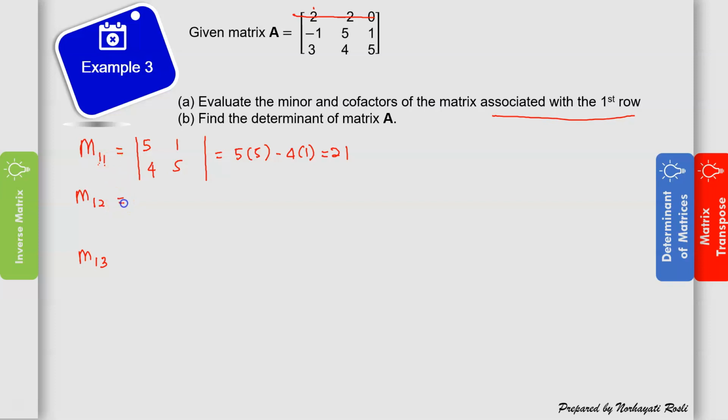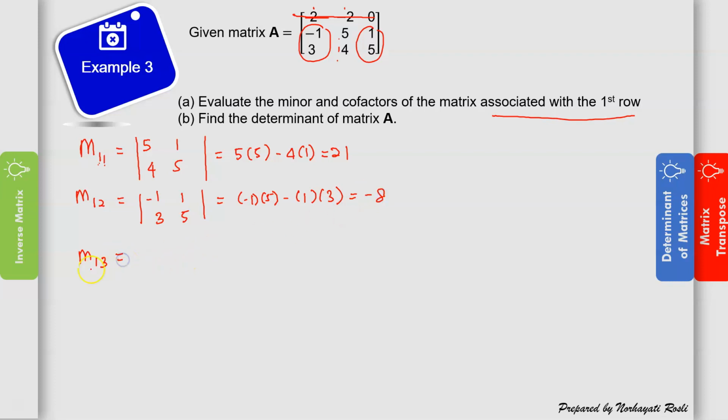For the second one, we have the minor when the first row and the second column are eliminated. So we will have this element and this element, which is the determinant of -1, 3 and 1, 5. In this case, we get -1 times 5 minus 1 times 3, which is equal to -8.